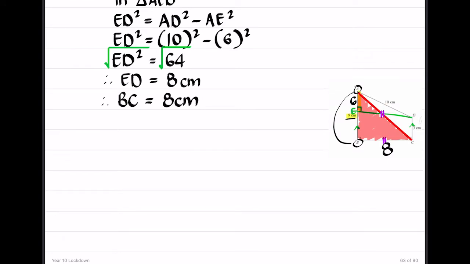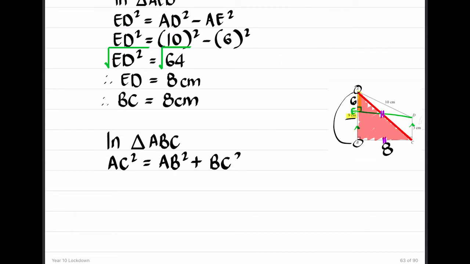In triangle ABC, I'm looking for the hypotenuse, so AC squared is equal to side 1, which is AB, squared, plus side 2, which is BC squared. So AC squared is equal to 9 squared plus 8 squared, which is 81 plus 64, which is 145.